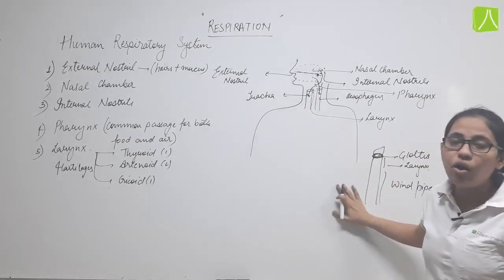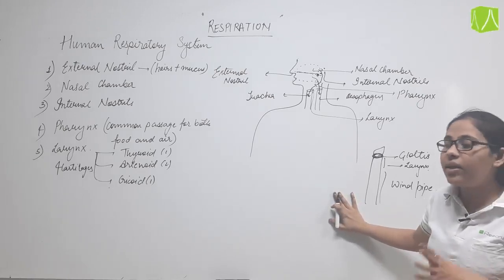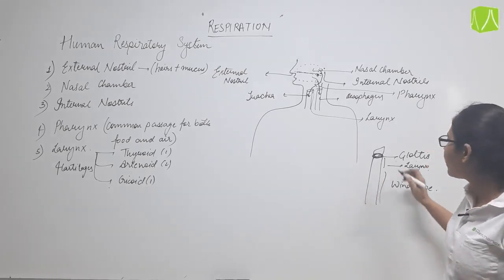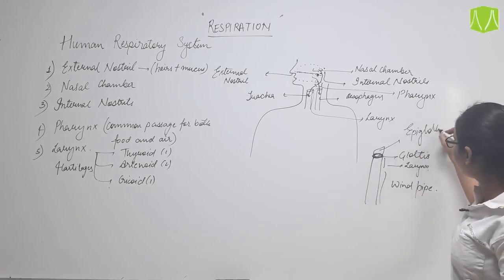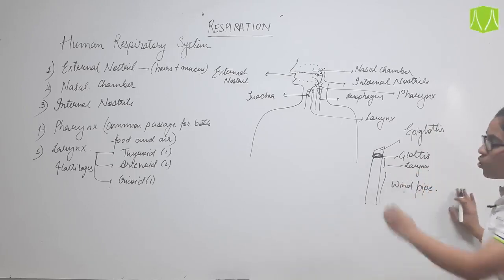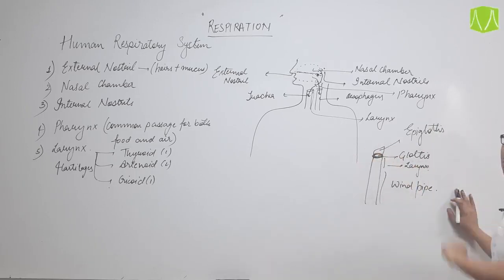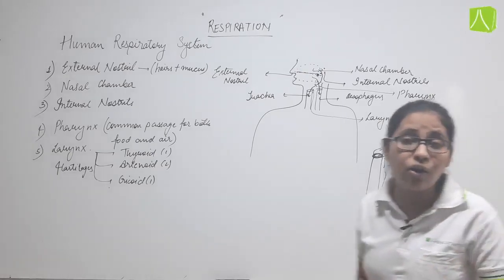The opening of the windpipe is known as the glottis, and it has a flap-like structure known as the epiglottis. The epiglottis opens and closes the opening of the windpipe; it closes it whenever it does not facilitate the entry of air.